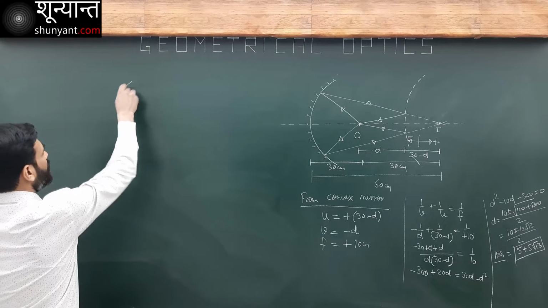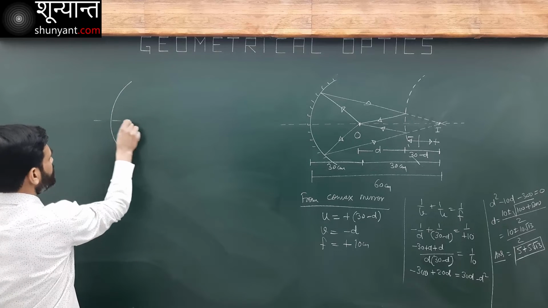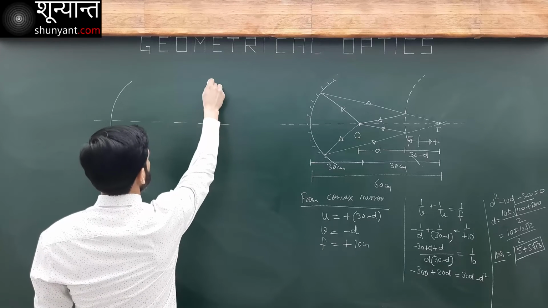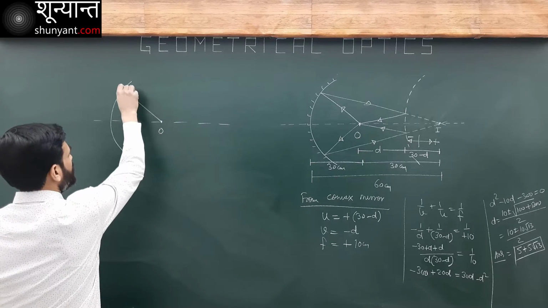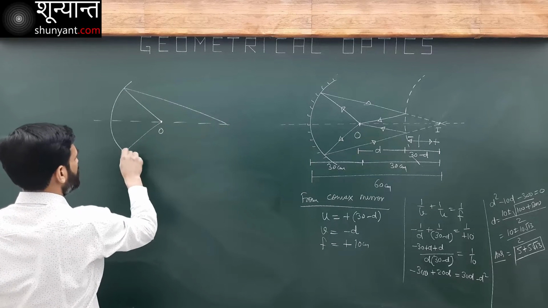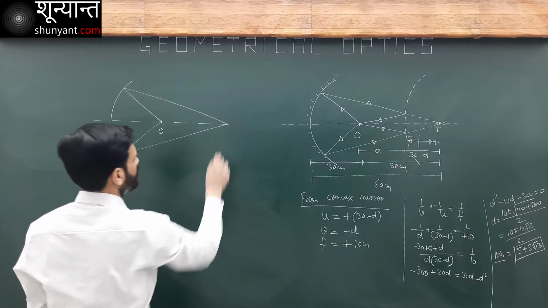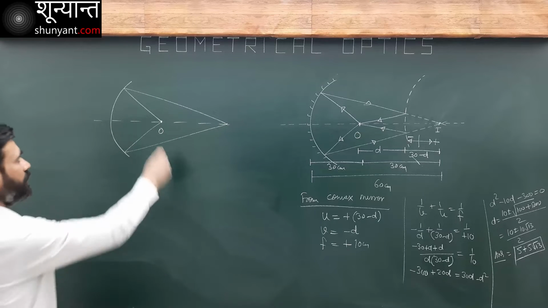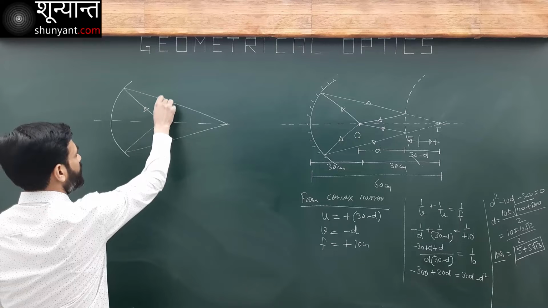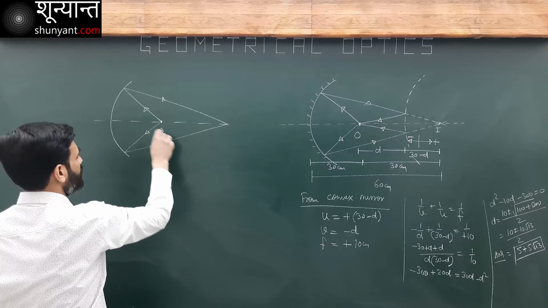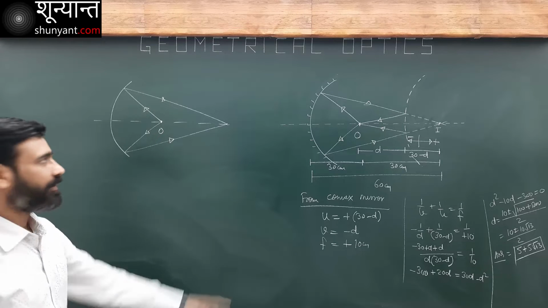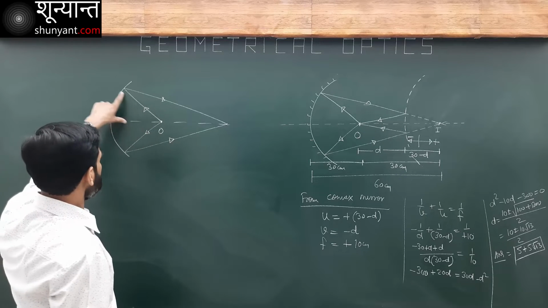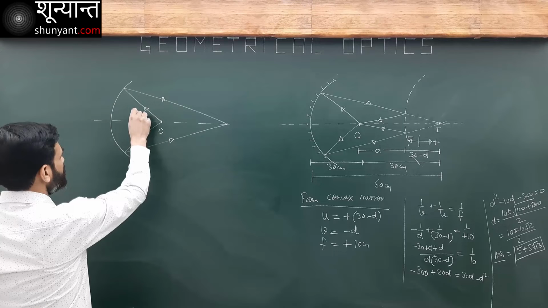I have this concave mirror. This is my object. This is the image. Now what will happen if I reverse the image? The light rays are getting reflected. This is my incident ray.